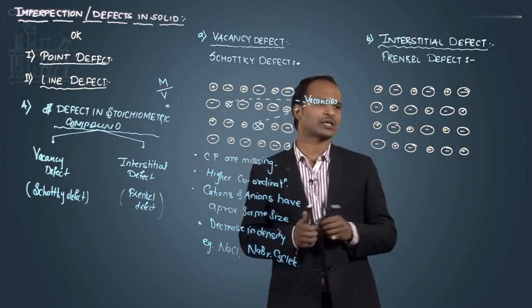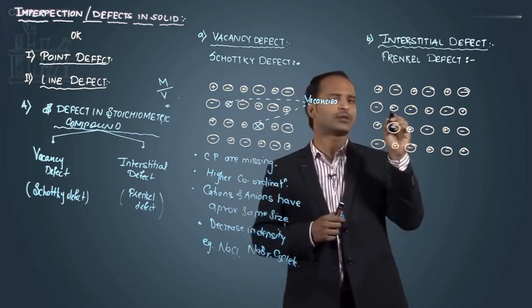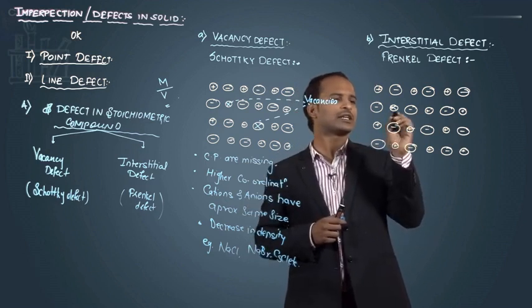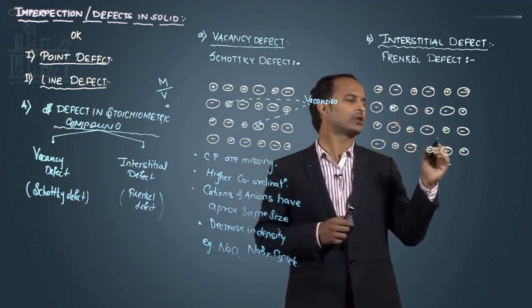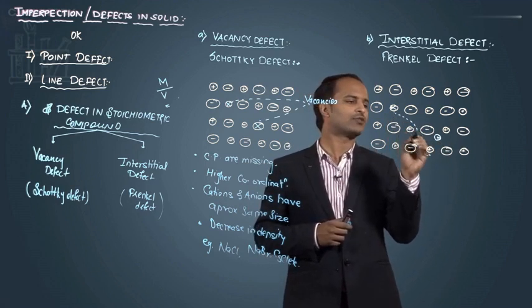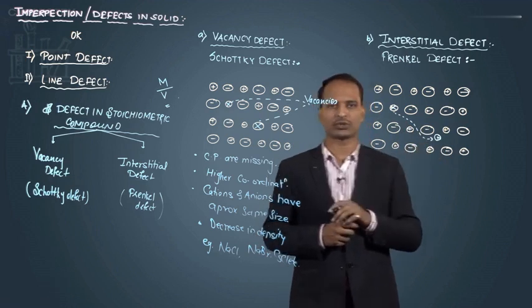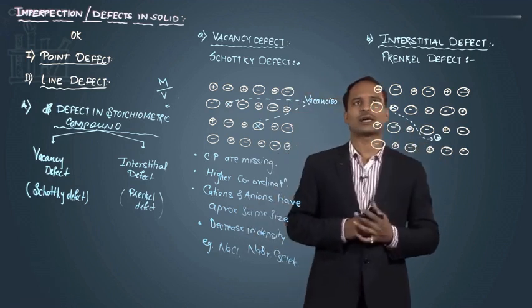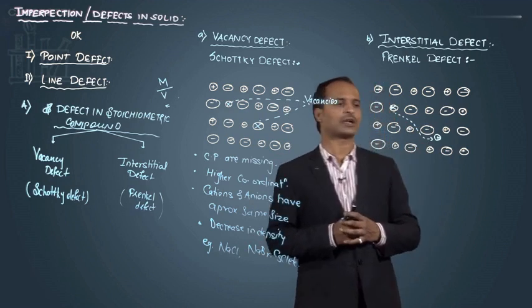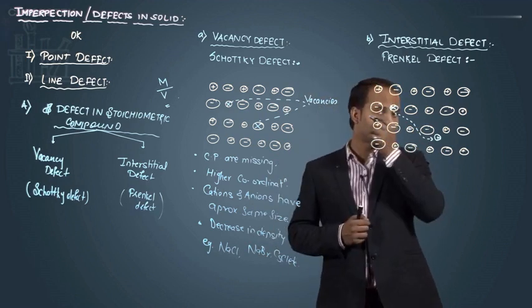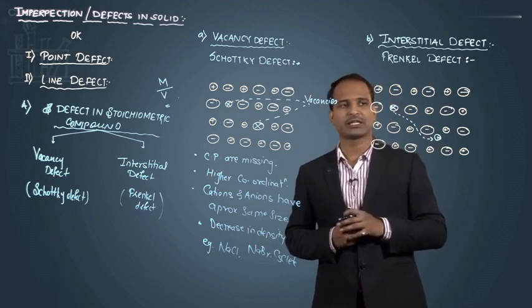Suppose the cation was present at this particle here, and now it migrates to this point. The actual lattice point of this cation was this one, but now it has migrated to this point. So this is called the interstitial defect or the Frenkel defect. This is the interstitial cation which is present here.